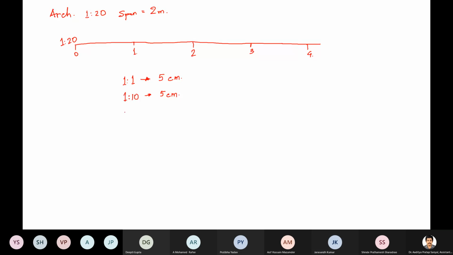Then let me give you something a little more interesting. Take your triangular scale and draw that same 5 centimeters in 1:2. 5 centimeters in 1:2.